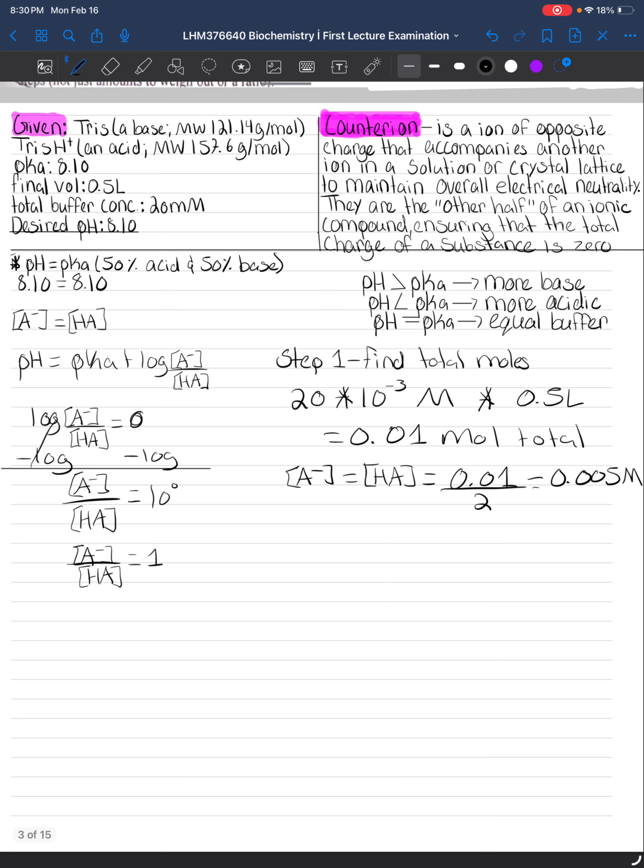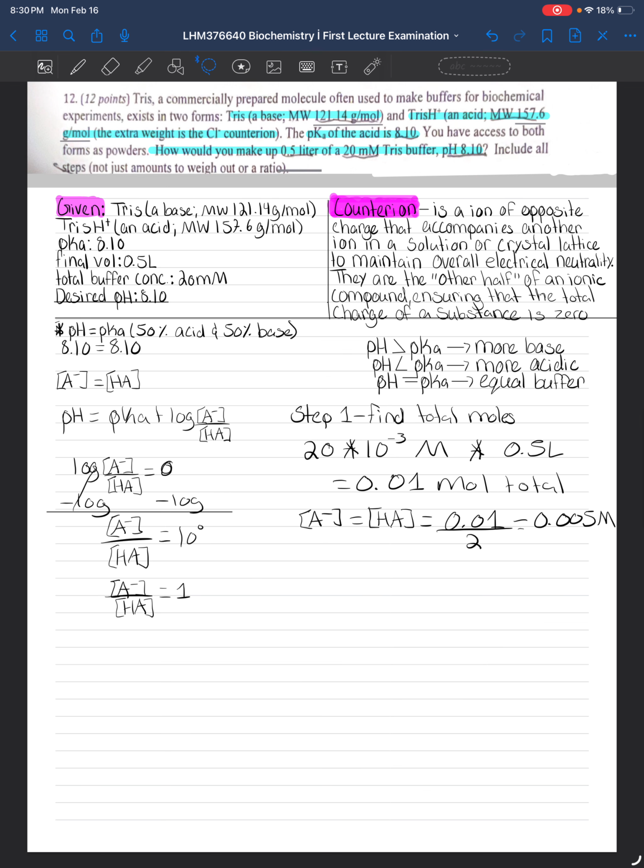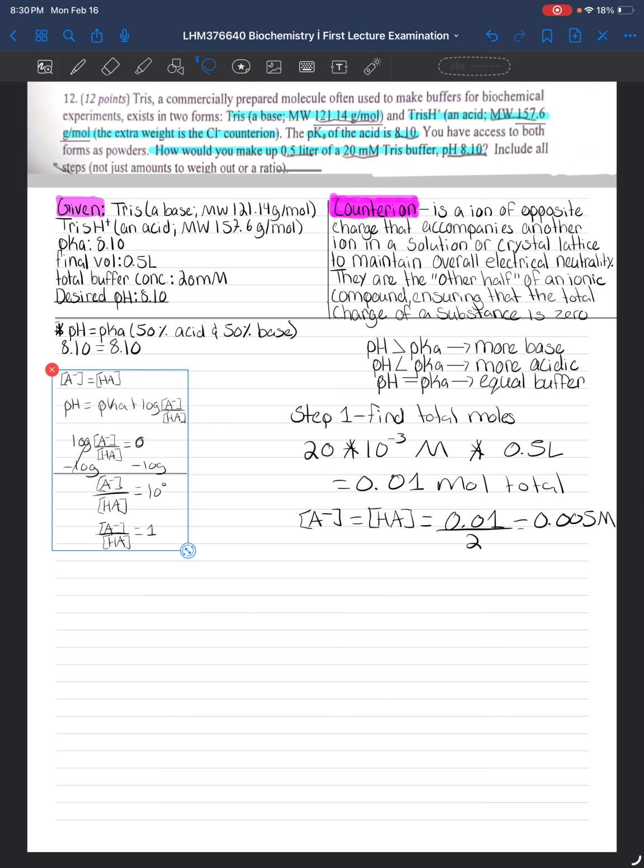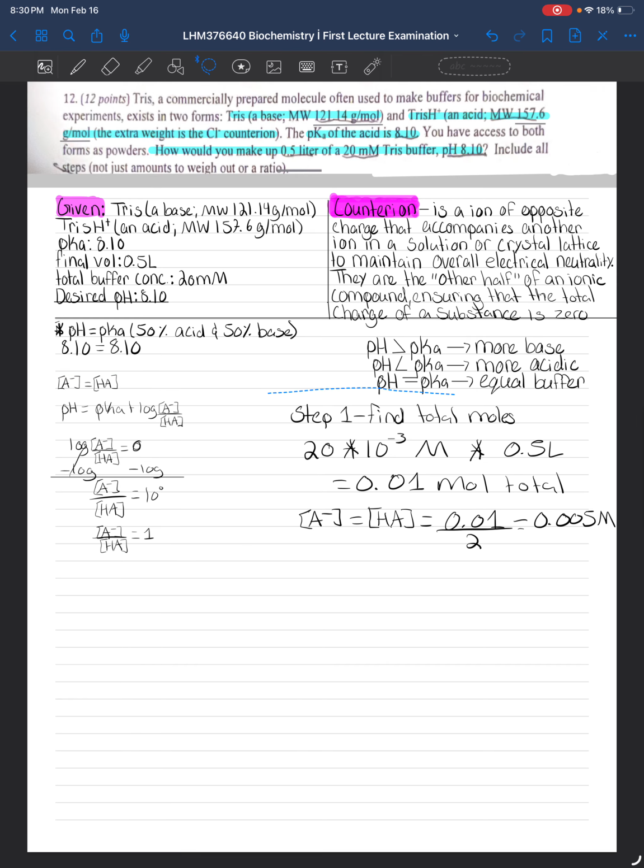So now we need to find out how much sodium hydroxide creates A minus. And let me make everything small. Excuse my handwriting, I do write a bit big. I hope you're able to see it.